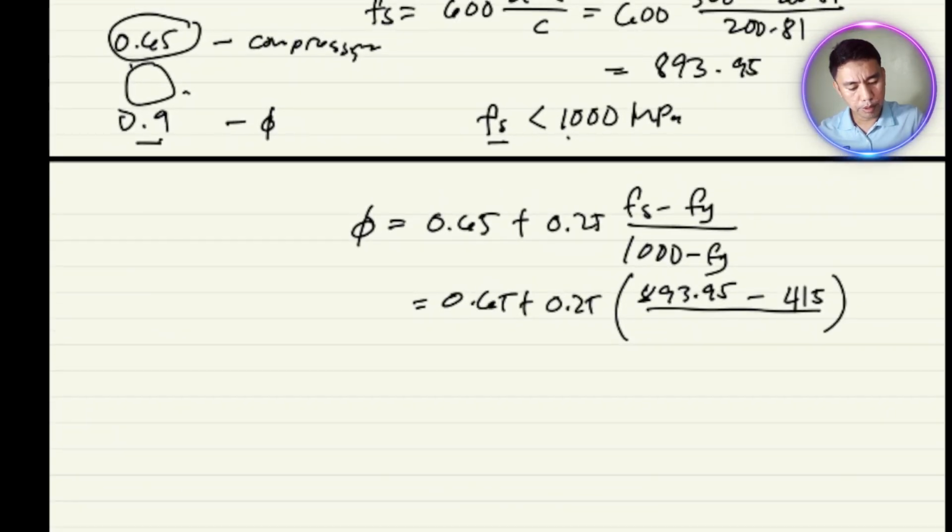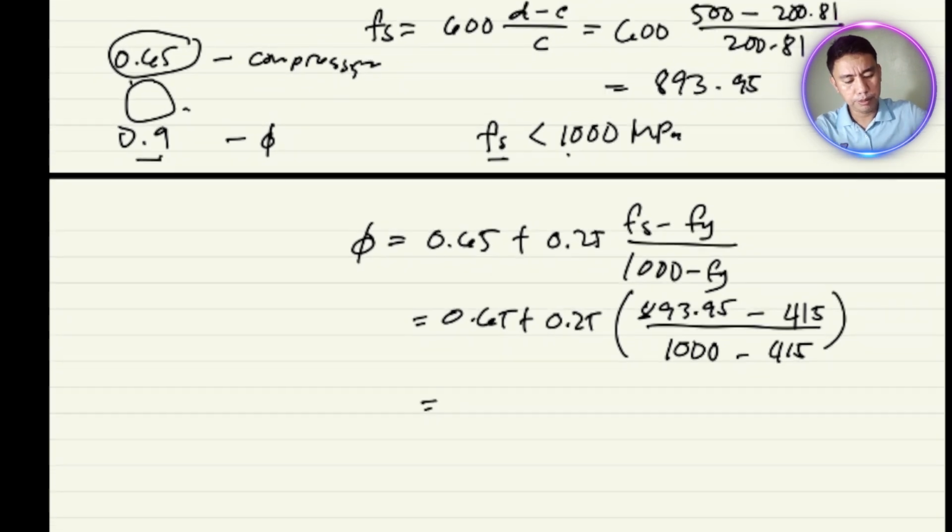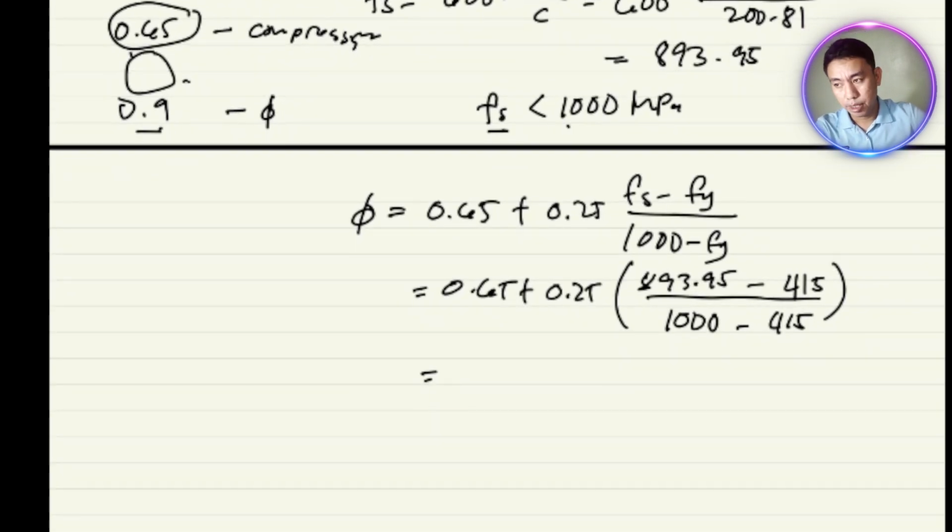415 over 1000 minus 415. I'm not sure kung 415 or 414 sa book. Anyway, so 0.854 yung phi.